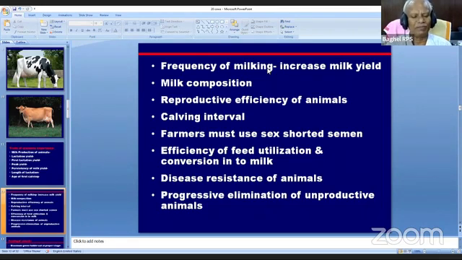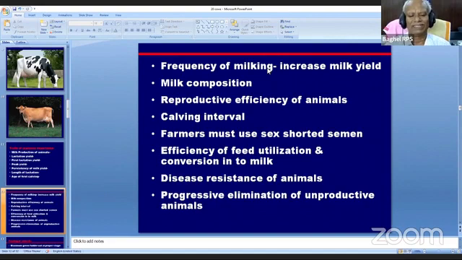So all the farmers are kindly requested to take care of proper hygiene of the animals, proper hygienic condition in the shed, proper hygiene of the milker, proper hygiene of all the utensils used in the farm, and more specifically, the persons coming from outside, precaution should be taken that they should not carry the disease to your farm.